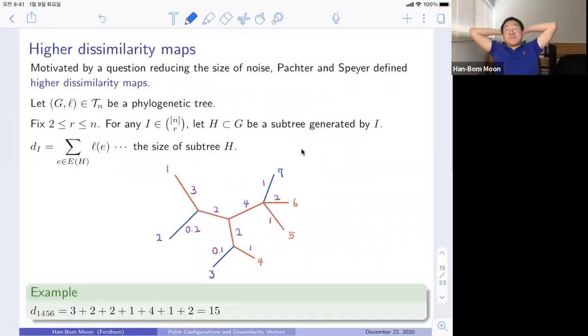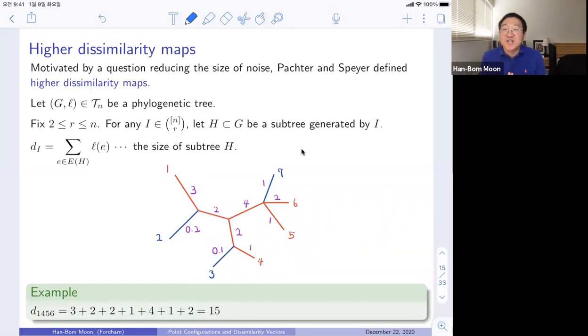And now, this is not the end of the story. It was motivated by a question: reducing the size of noise. Well, if we apply this idea in a real world application, like computational biology, then we need to deal with a more complicated problem, because the practical data is never accurate.